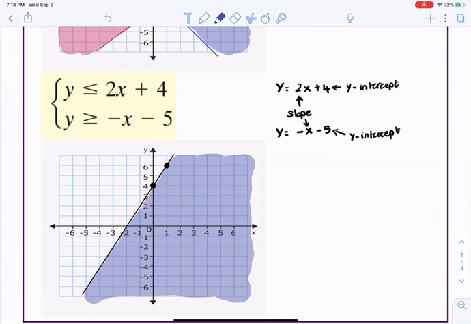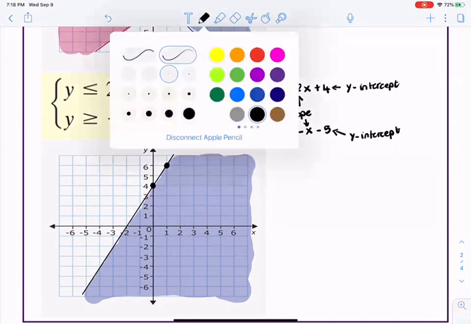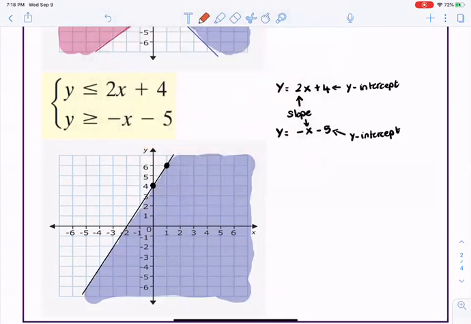The next line is y equals negative x minus 5. So the y-intercept is negative 5, and this is also a solid line.